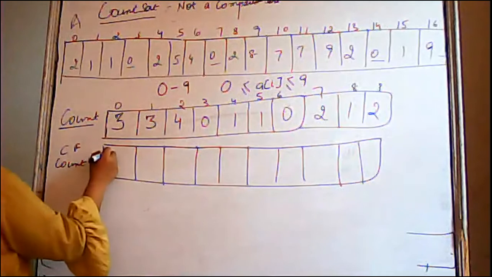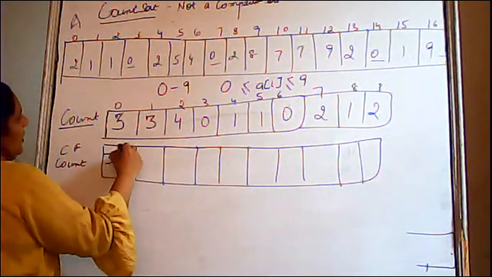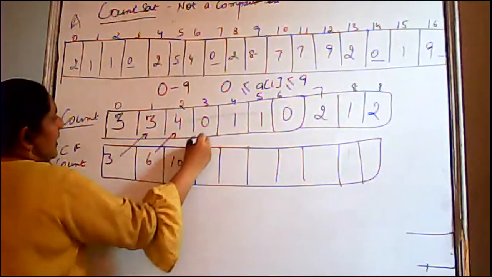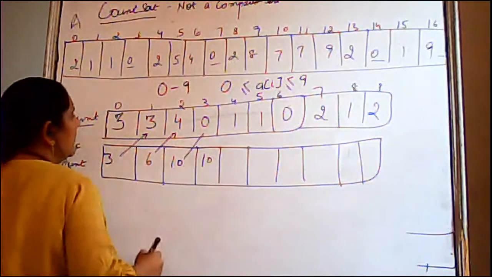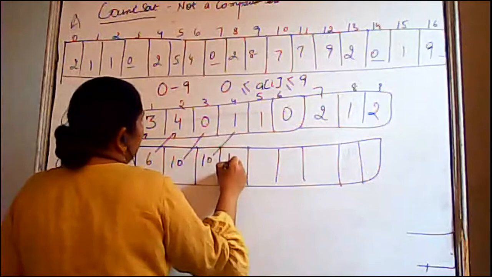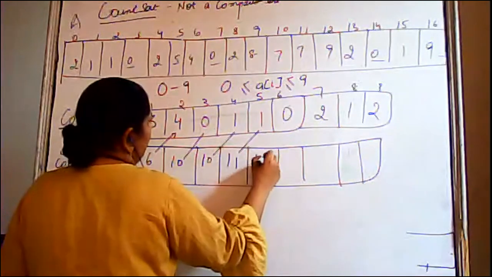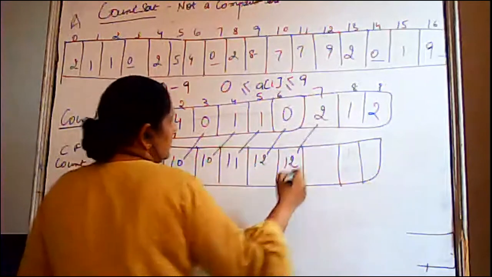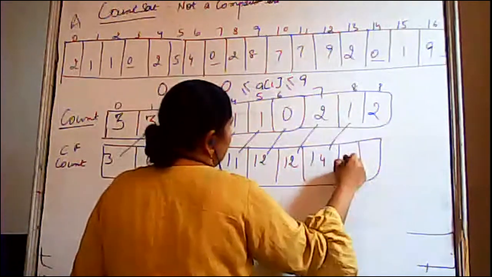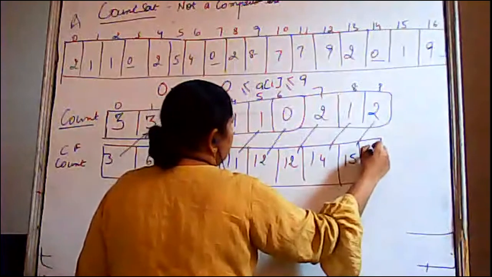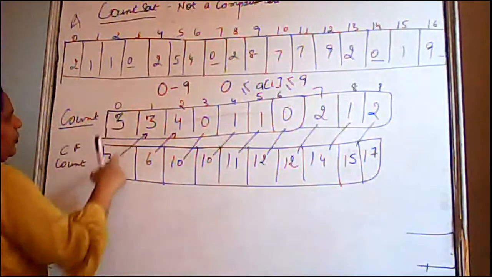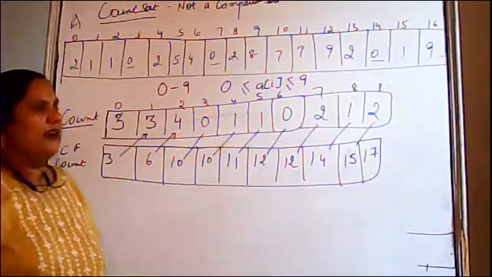So first 3 as it is. 3 plus 3 will give you 6. 6 plus 4 will give you 10. 10 plus 0 will give you 10. Then 10 plus 1 will give you 11. 11 plus 1 will give you 12. 12 plus 0 will give you 12. And to this you add 2 and get 14. 14 plus 1 is 15. 15 plus 2 is 17. So this will be the respective position for 0, 1, 2, 3, 4, 5, 6, 7, 8, 9.